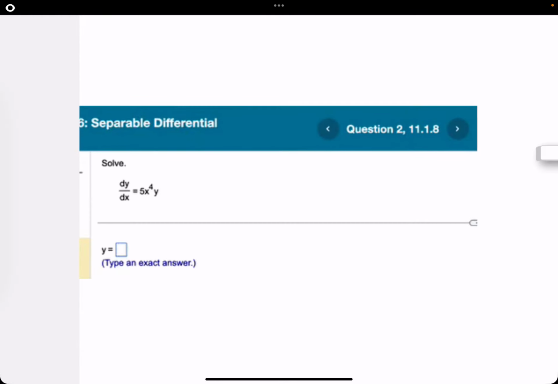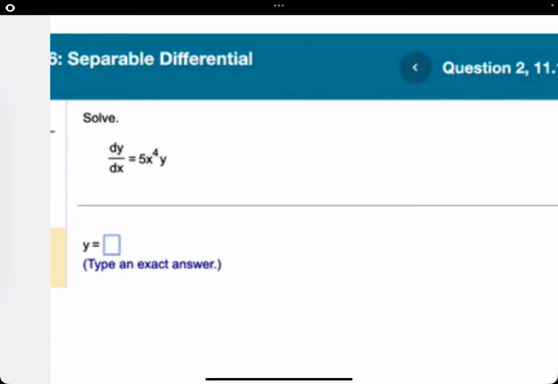Let's go to number 2. Solve for y given this differential equation. Again, we want the y's on the left side and x's on the right side. So we're going to divide both sides by y, which gives us 1 over y dy on the left, while also multiplying over the dx. So we have 5x to the 4th dx and 1 over y dy.